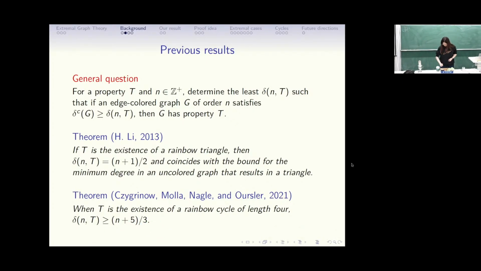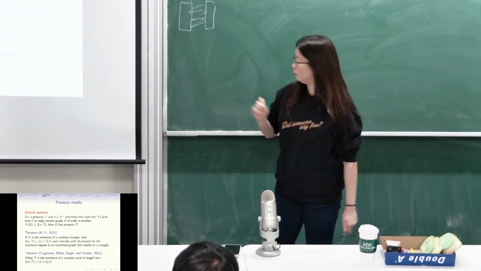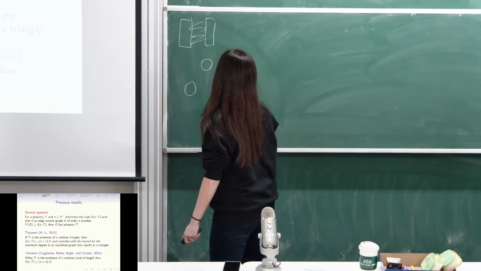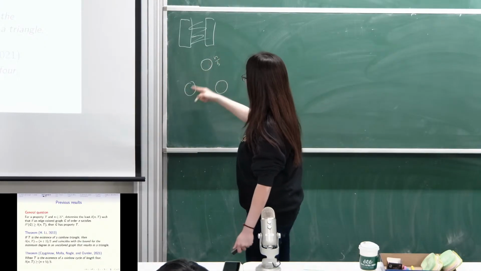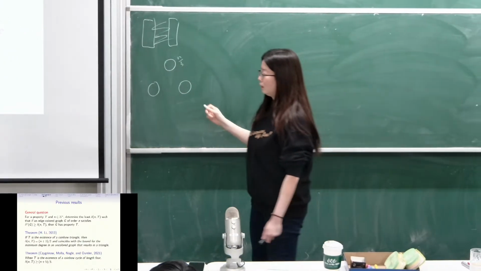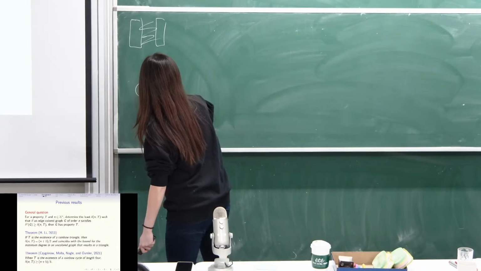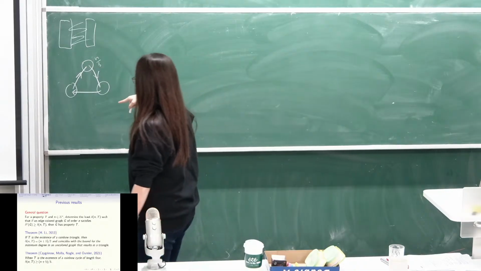Actually, I can give a quick rough argument on why you need that many. So if we consider a blow-up of a directed triangle, we have n vertices, roughly this is 1/3 of n, 1/3 of n, 1/3 of n. And all the edges go in this direction. Okay. And this is the clockwise direction.